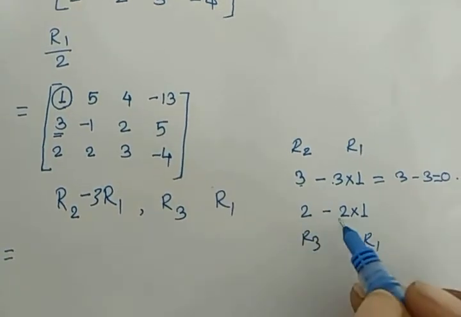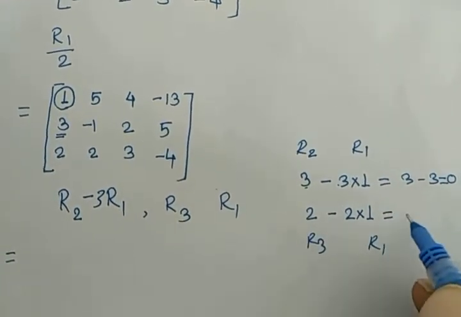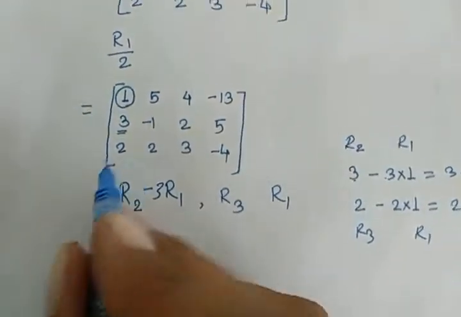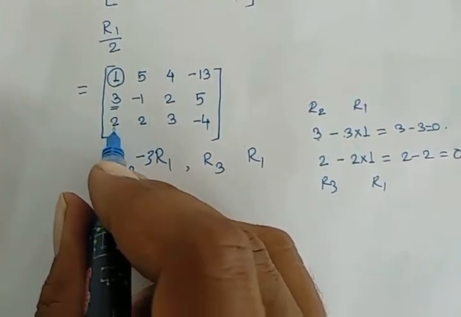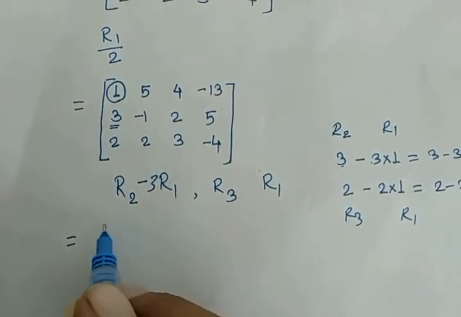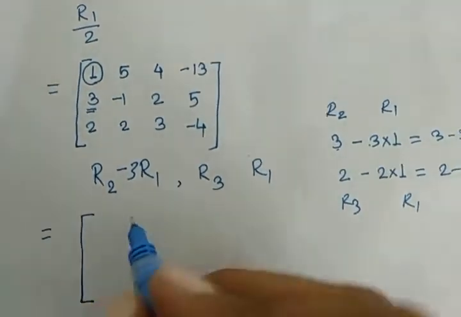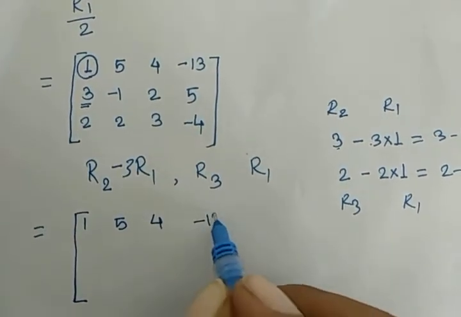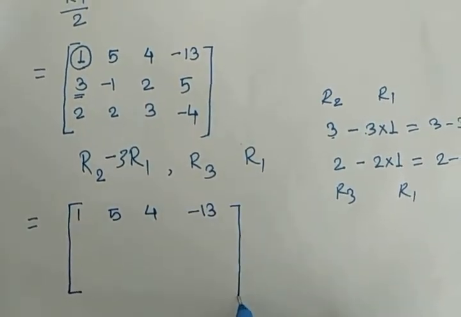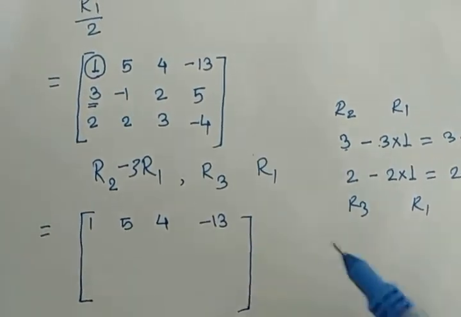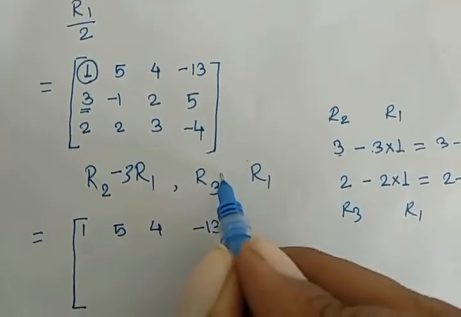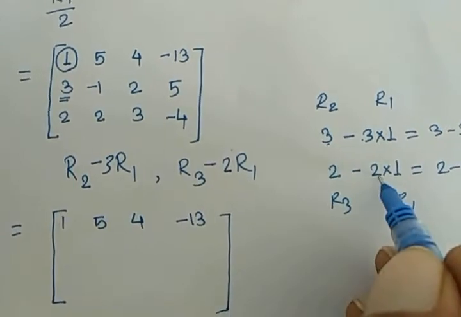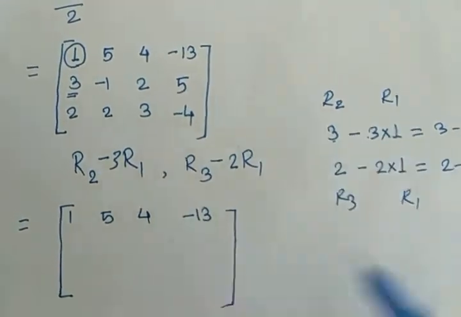So 2 minus 2 into 1 is equal to 2 minus 2 equal to 0, so that A31 position will become 0. The first row remains as it is: 1, 5, 4, minus 13. There will be no change in the first row. For the third row, we write R3 minus twice R1, because we are multiplying by 2 for the third row changes.